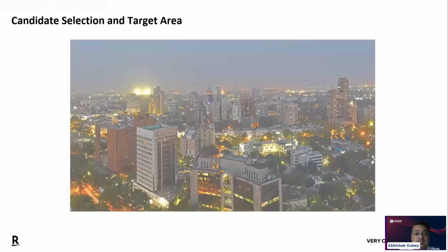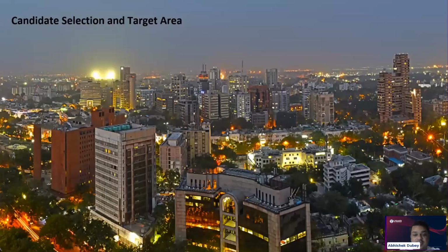The next thing is if there is a target area, let's assume this is a clutter you are going to plan. Obviously, by seeing this clutter, you can understand this should be a dense urban clutter. Let's say this is the location, and maybe you are working for the brownfield operator.